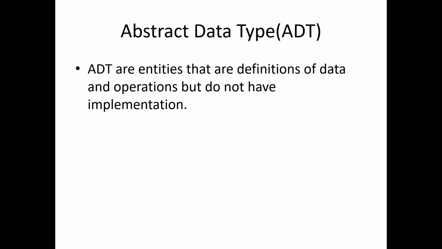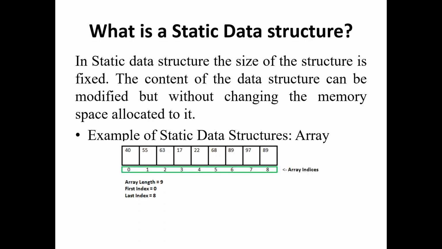Then coming to the main methods that you can use in data structure, called static data structure and dynamic data structure. In static data structure, the size of the data structure is fixed and the content can be modified, but without changing the memory space allocated to it.